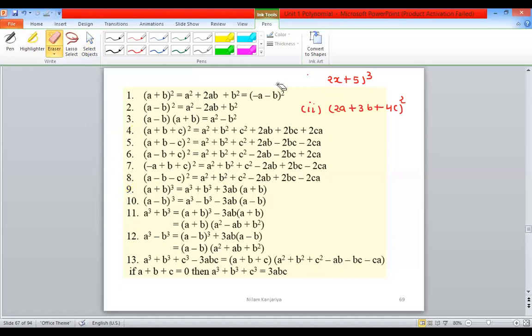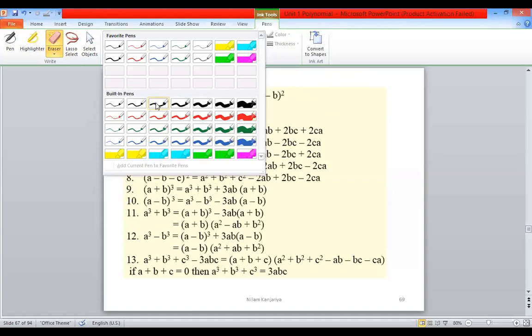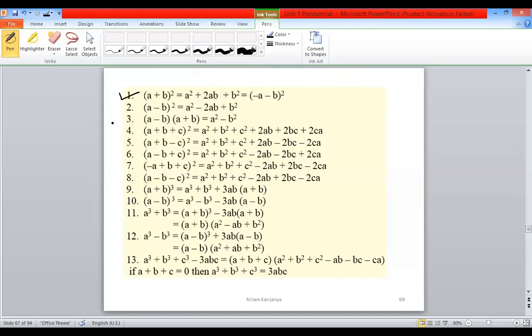Look here. This is the positive identity, a plus b whole square, it's a square plus 2ab plus b square. This is the positive identity: a plus b plus c whole square.